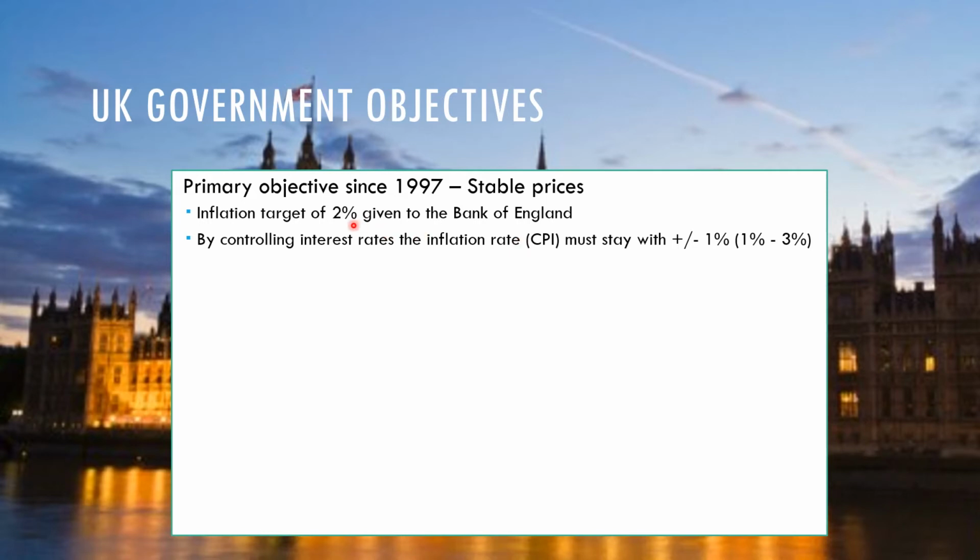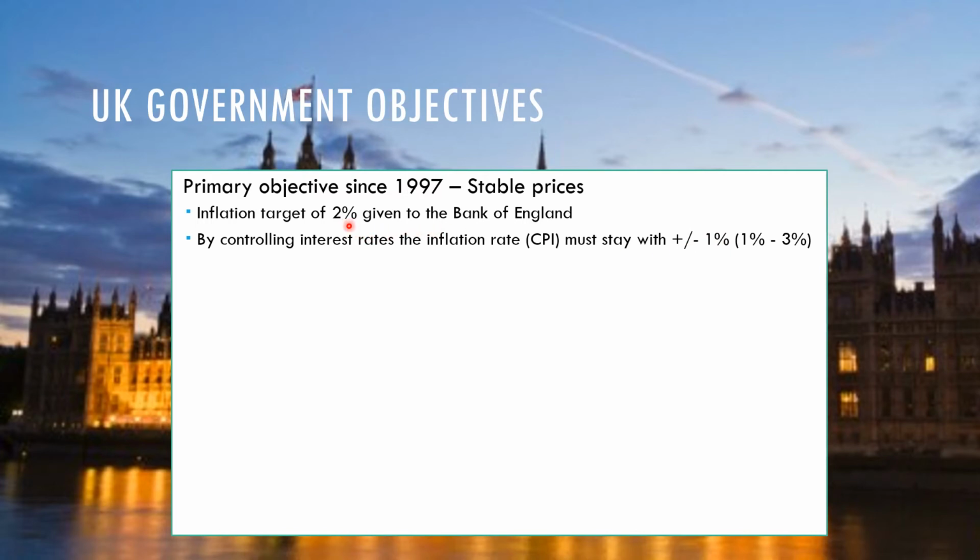And that target of 2% must stay within a range of plus or minus 1%. So the target is 2%, but the government say the target is okay, is being met, as long as we are somewhere between 1% CPI growth and 3% CPI growth. So there's a range, a leeway of 1% either side of the target.